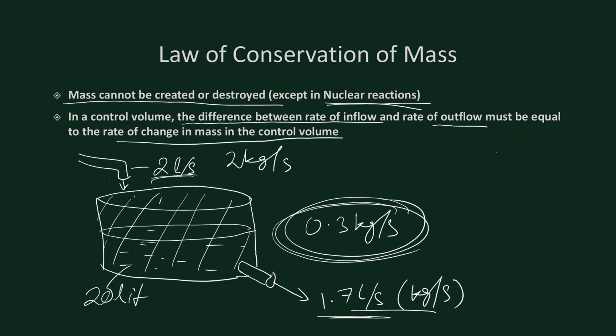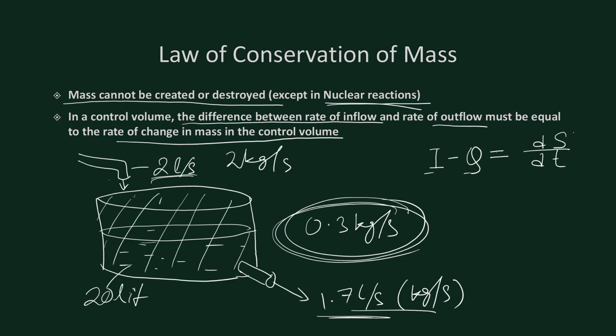So this can be written in equation form as I minus Q, where I is the inflow rate and Q is the outflow rate, should be equal to the rate of change of storage, that is dS/dt, where S is the storage and dS/dt is the rate of change of storage.